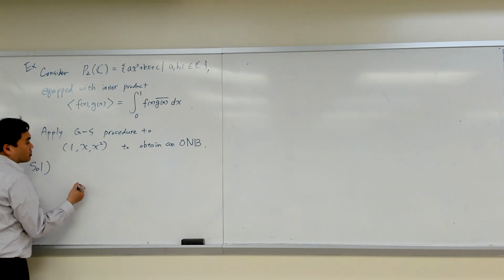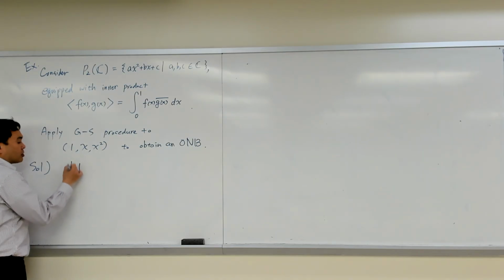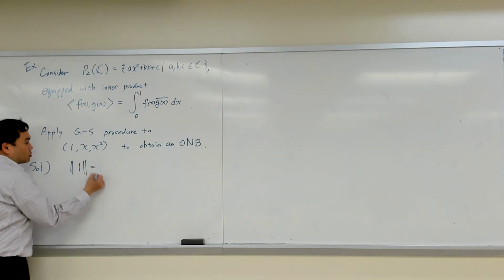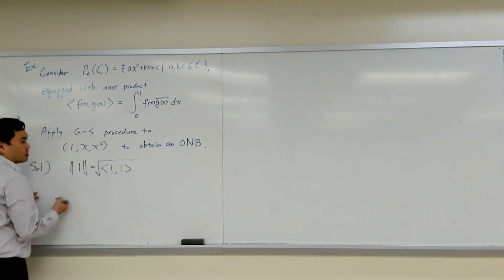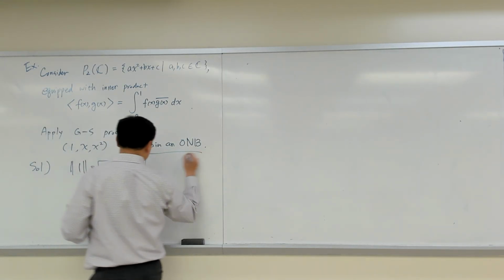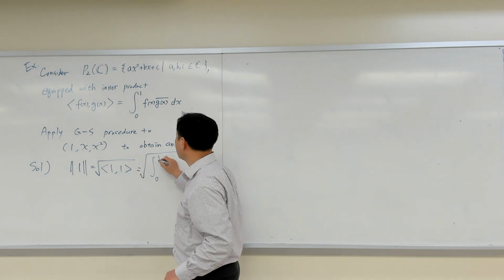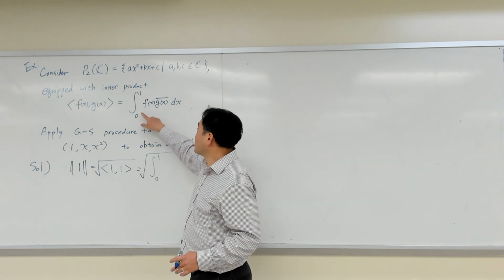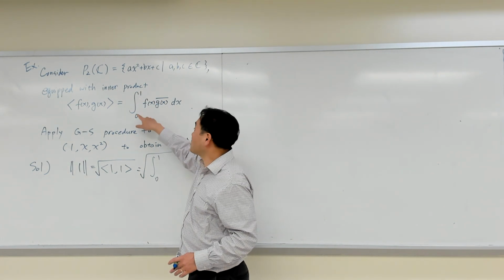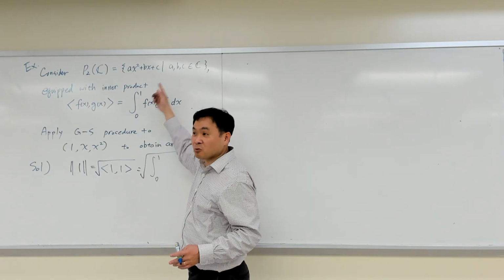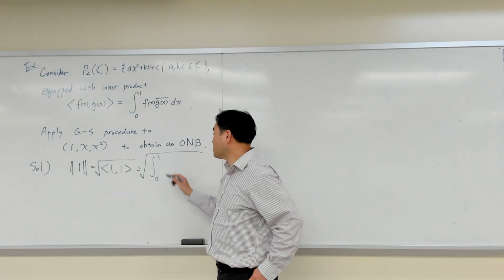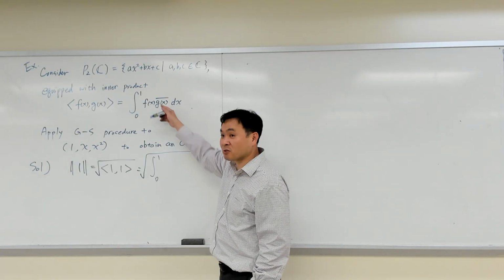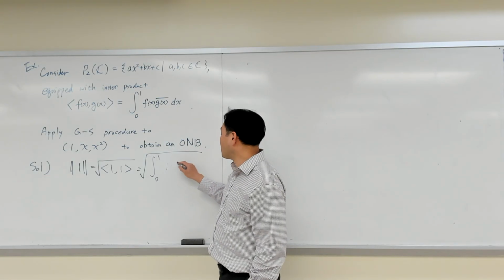First, we have to think about the norm of 1, which is the square root of the inner product of 1 with 1. Here I gave you 0 to 1, but sometimes this could be 0 to 2 or 0 to 3 or negative 1 to 1. It could be anything, so you have to be careful. Here I'm doing 0 to 1 because that's what's given. It's 1 times 1 bar.